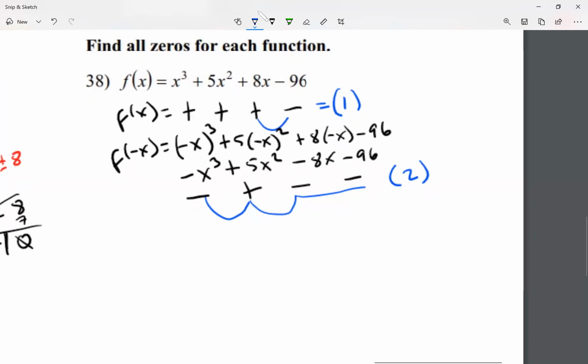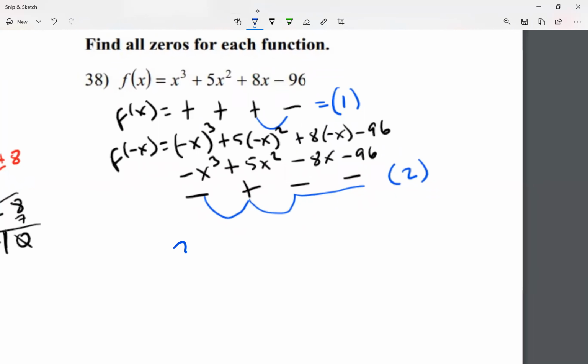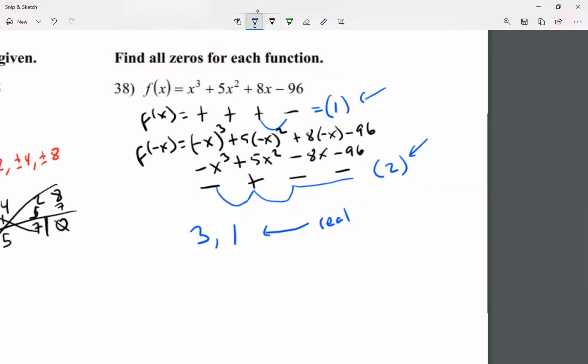So possible real solutions, the maximum is 3 because I added 1 plus 2. So maximum is 3 or 1. So these are the possible real zeros. If I ask you for the possible imaginary zeros, the highest is 2 because I subtracted my highest exponent minus the smallest real.